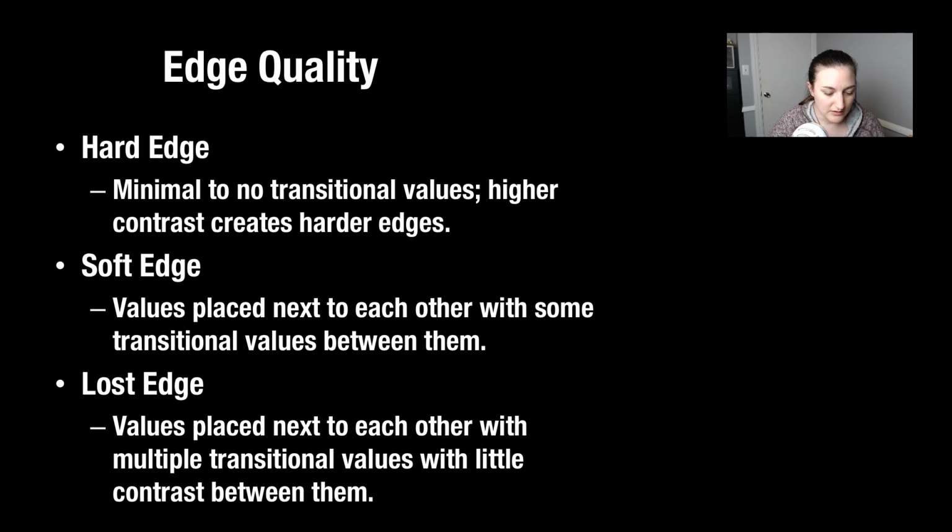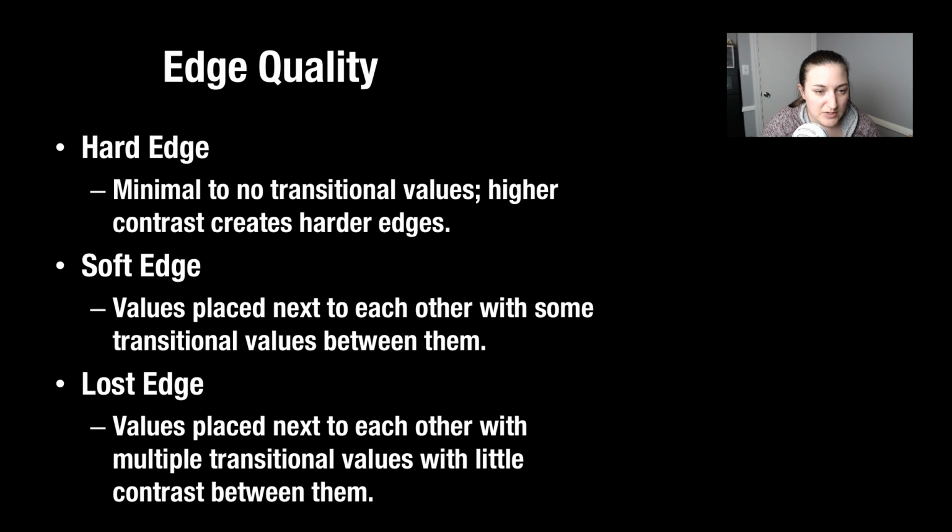Because we don't have sharp transitions between value to differentiate between different objects or different surfaces. But the way that you treat an edge of a value shape is how you bring those forms together, or bring an outline, if you will, to that form, or lack of an outline.